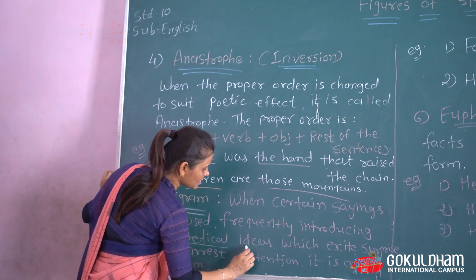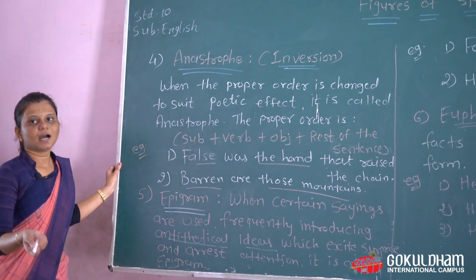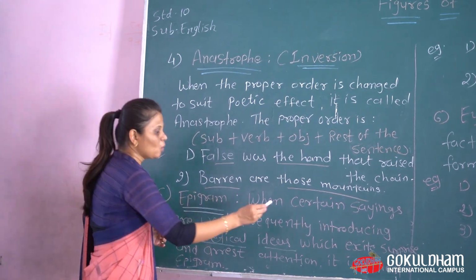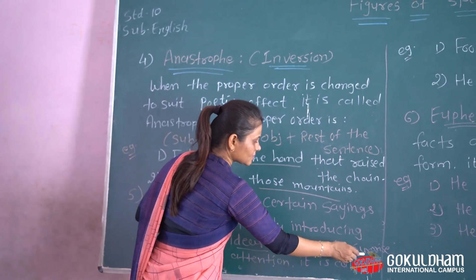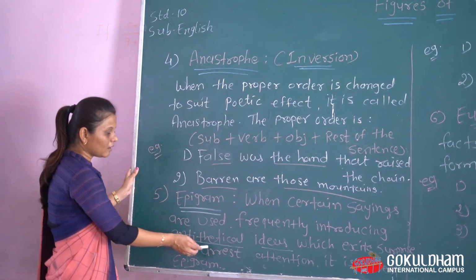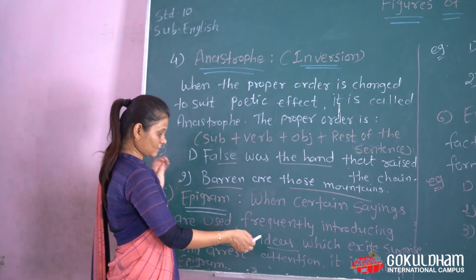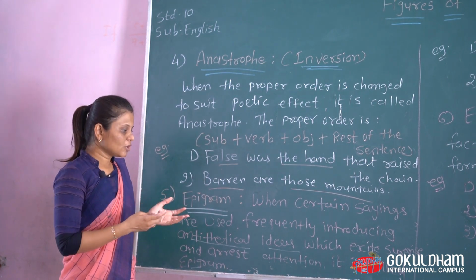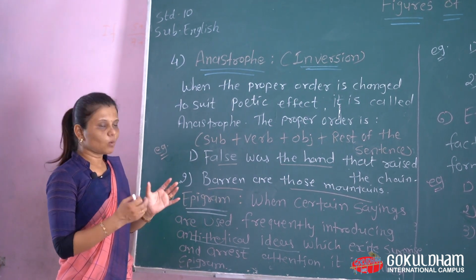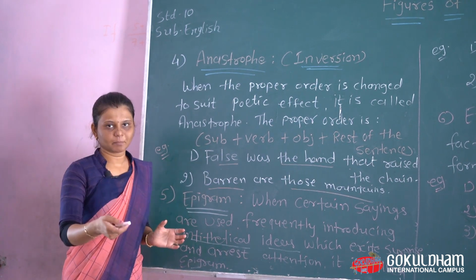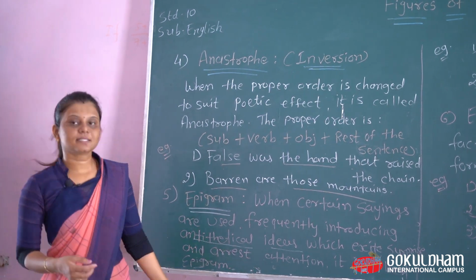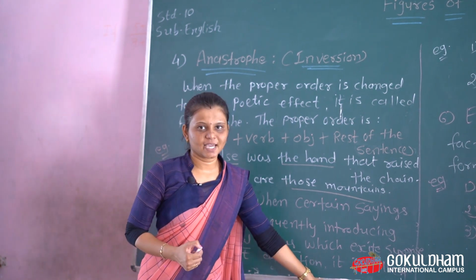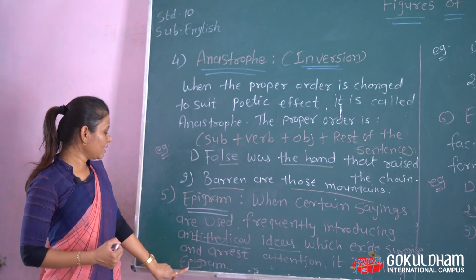Antithetical ideas means contrast, opposite types of ideas which excite, surprise and arrest attention. So that antithetical idea excites, surprises and arrests readers' attention. At that time we can say it is called epigram.